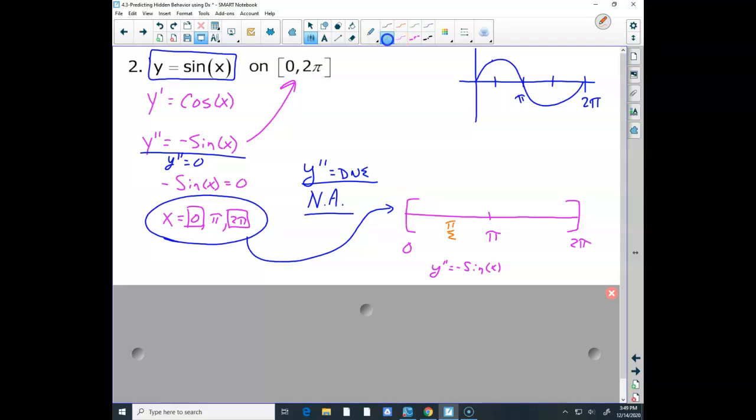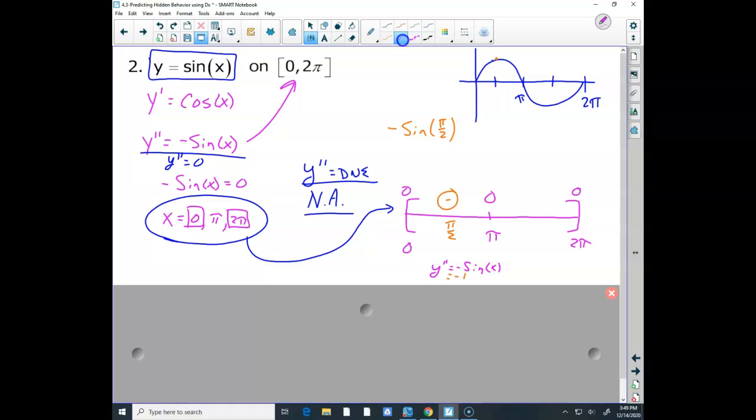And what is the opposite of sine pi over 2? Well, I always picture when I get these values, here's my pi over 2. It's 1, but it's the opposite of that. So this is actually negative 1, which means I'm concave down, right? And here at pi, I was 0. And here I was at 0. And here I was at 0.